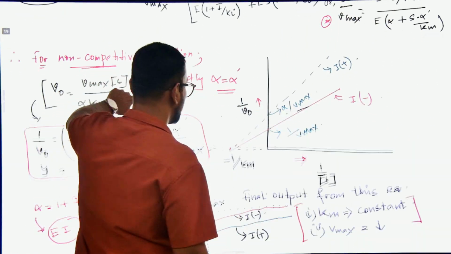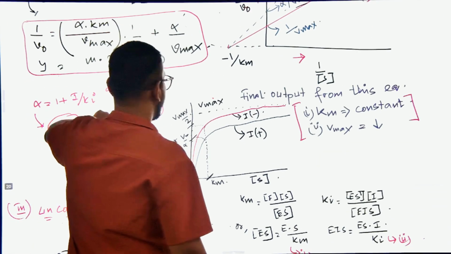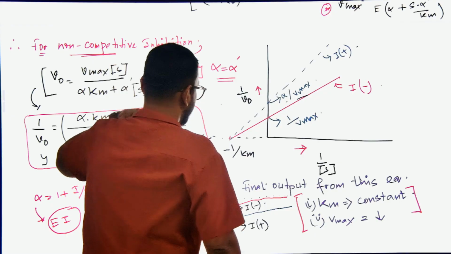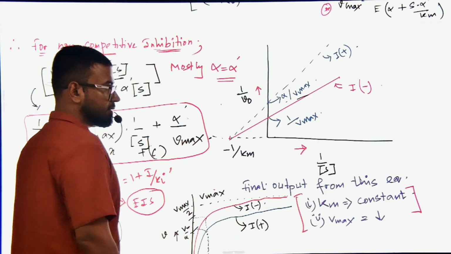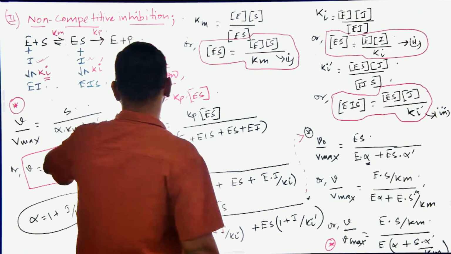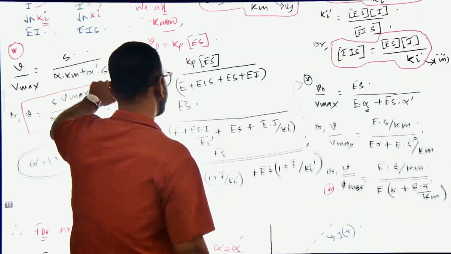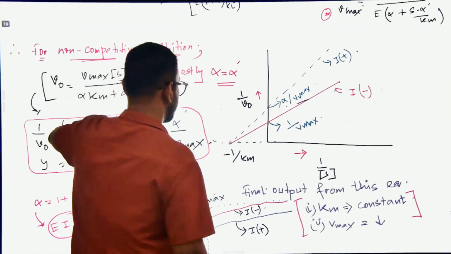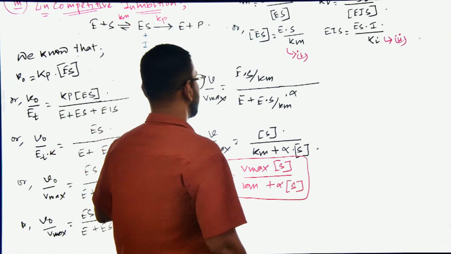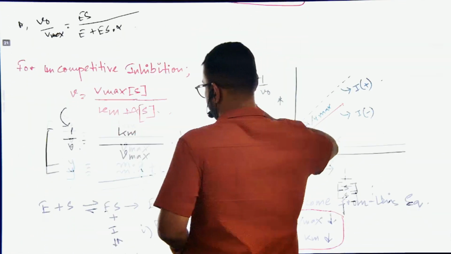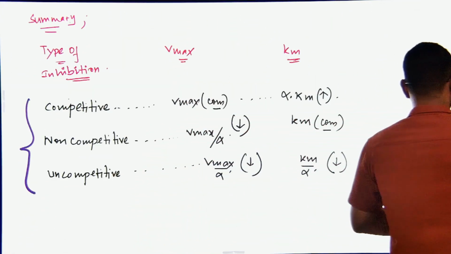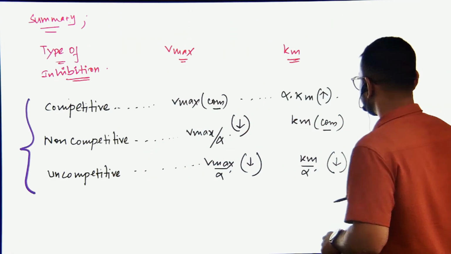I will share if you wish to. So for non-competitive, you must see our Km is constant and Vmax is decreasing. I'm just providing a brief overview; this is what you need regarding the overall analysis.